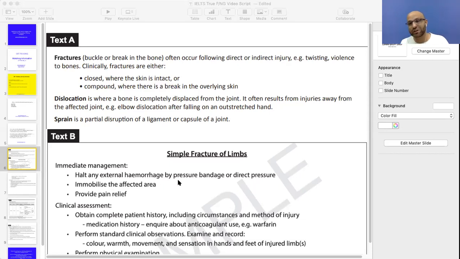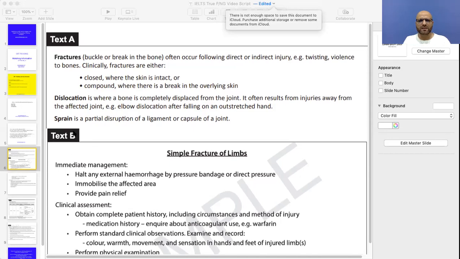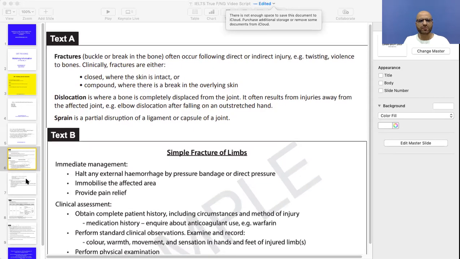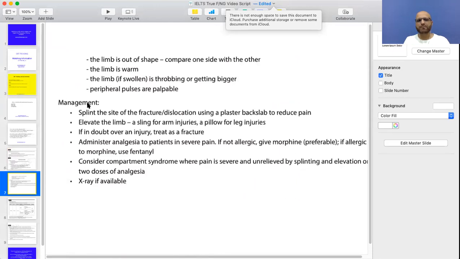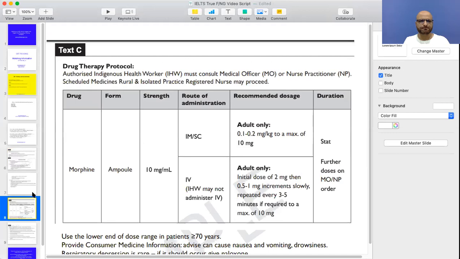Doesn't matter if I can't read the medical terminology, as I'm not a doctor, I'm just a language expert, so that's okay. By the way, this medical terminology is a bit difficult to read for a layman. Okay, so it doesn't seem too relevant, so let's continue reading the text. B, management, doesn't sound too relevant. Therapy, drugs, as we have gone through already when finding the answer to the previous question, doesn't sound too relevant.